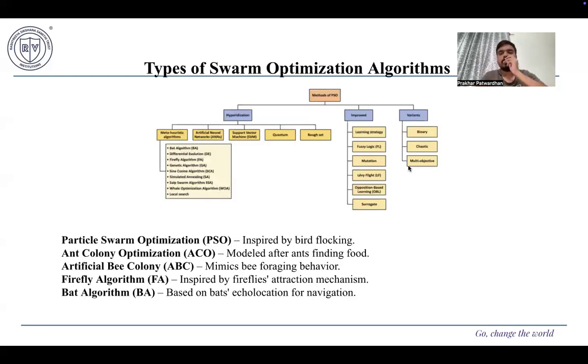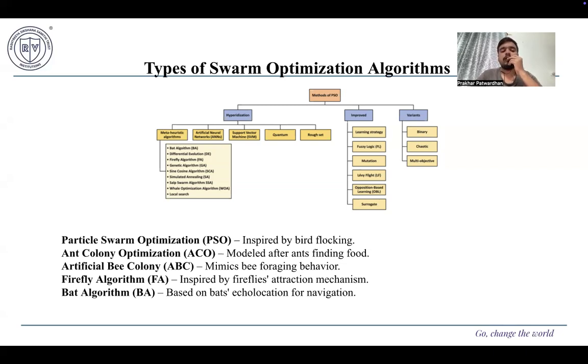Another section in my PPT is types of swarm optimization algorithms. The first one is particle swarm optimization (PSO), which is inspired by bird flocking. The second one is ant colony optimization (ACO), modeled after ants finding food. The third one is artificial bee colony (ABC), which mimics bee foraging behavior.